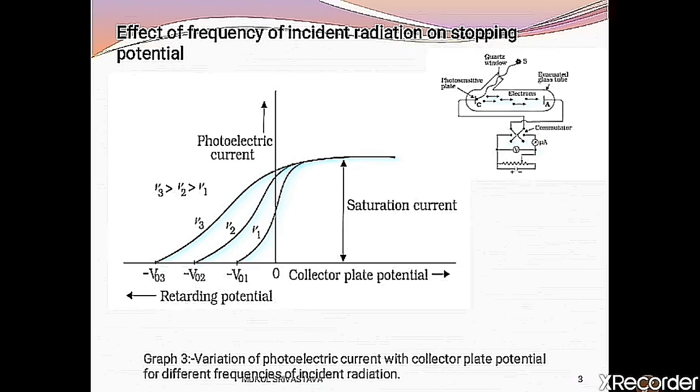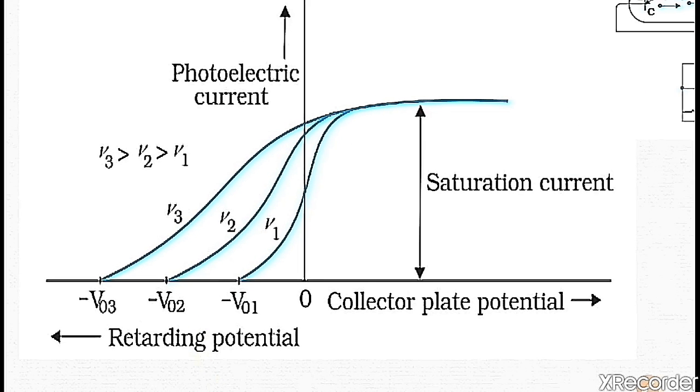If you see in this graph, we find different values of stopping potential corresponding to different values of the frequency of the incident radiation. As the frequency of the incident radiation increases, the stopping potential is more negative, and you can see in this graph that it is more negative here.